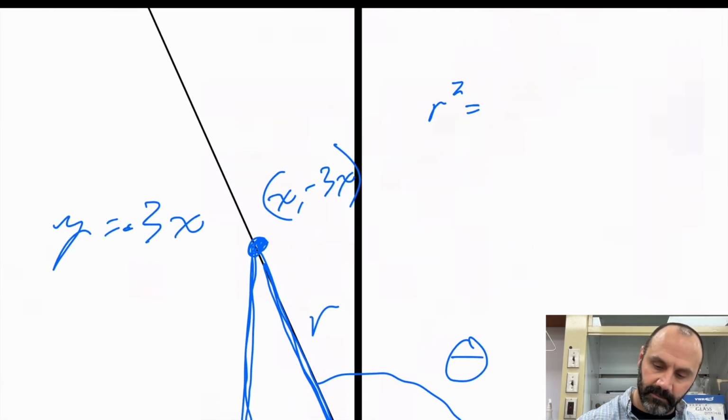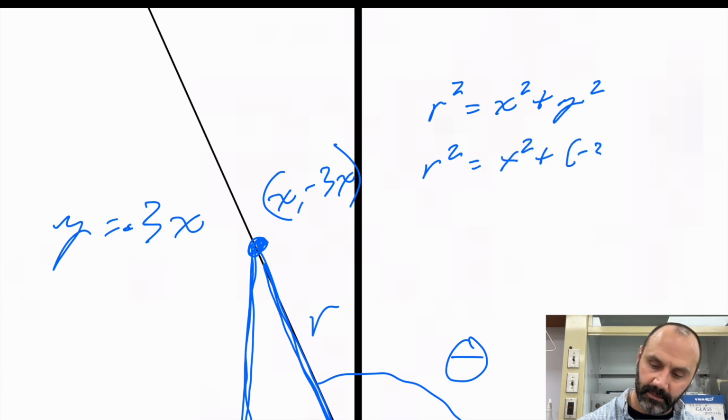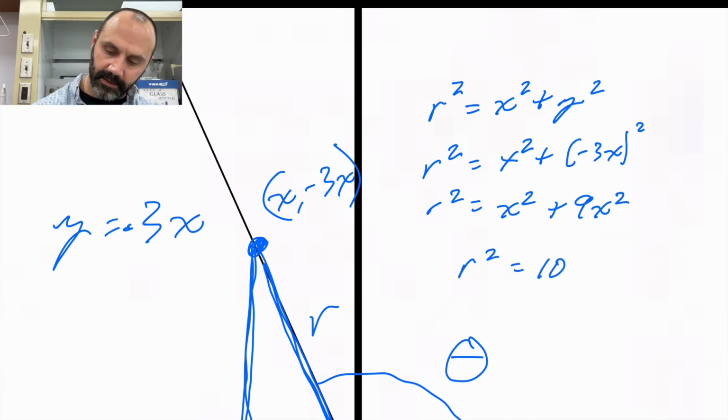R squared equals x squared plus y squared. So r squared equals x squared plus y, which is negative 3x, squared. So r squared equals x squared plus 9x squared. R squared equals 10x squared.